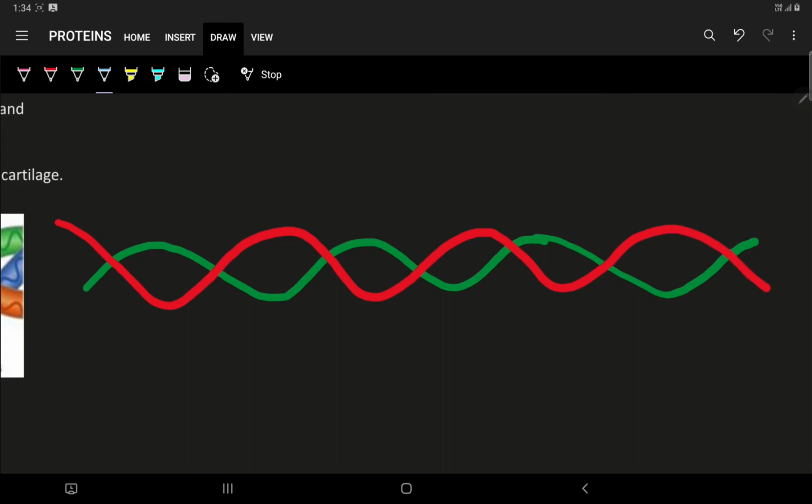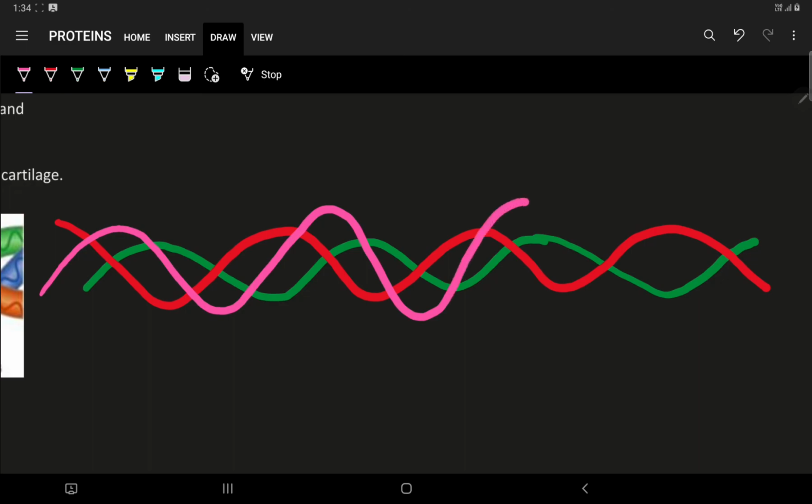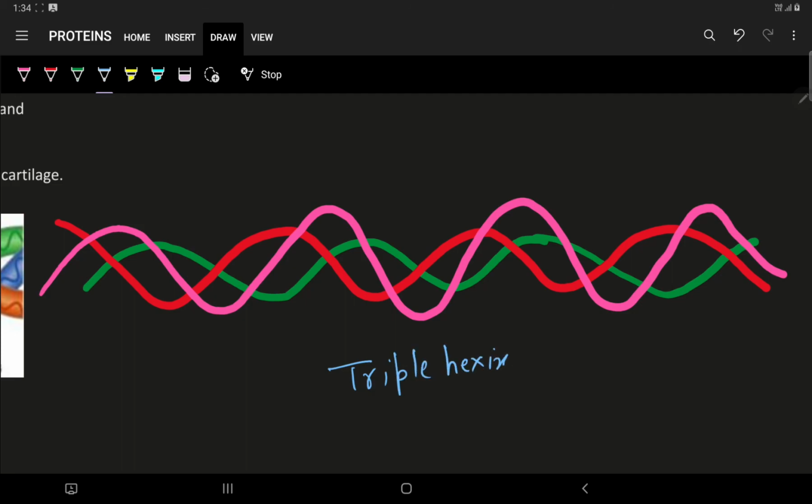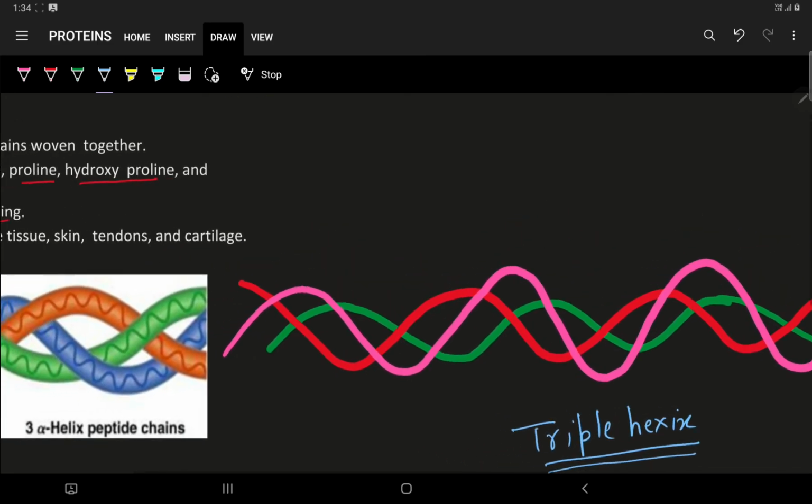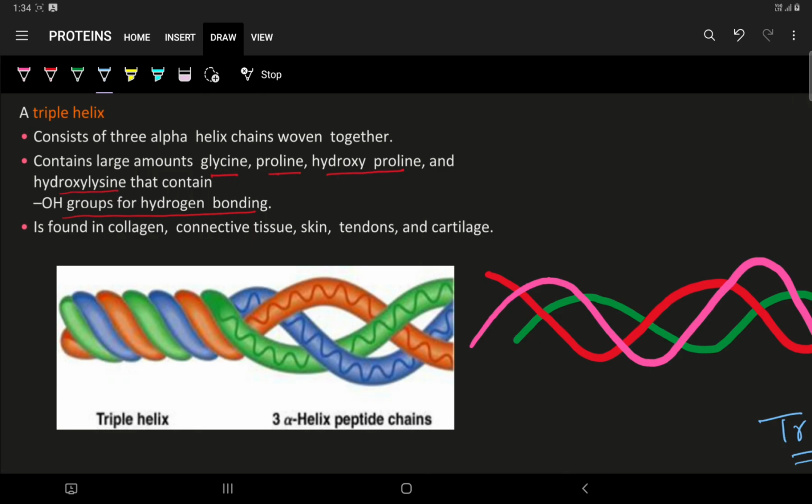And then comes the third one into play. Now this is simply the triple helix structure. This forms the fibrous proteins such as collagen. See here, these are the three strands of the triple helix structure.